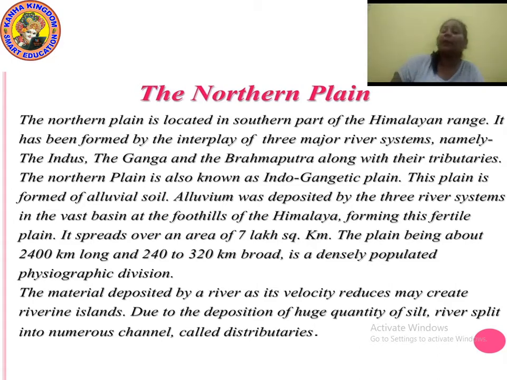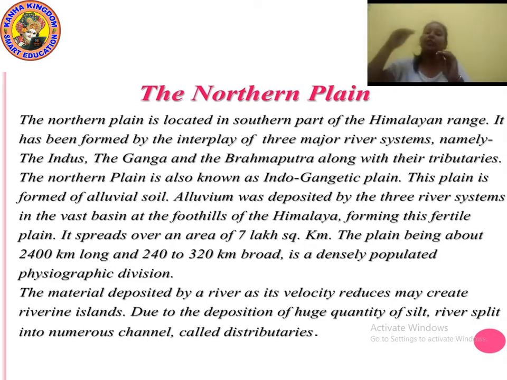Now, the material deposited by the river as its velocity reduces may create riverine islands. Due to the deposition of huge quantity of silt, rivers split into numerous channels. What is actually silt?